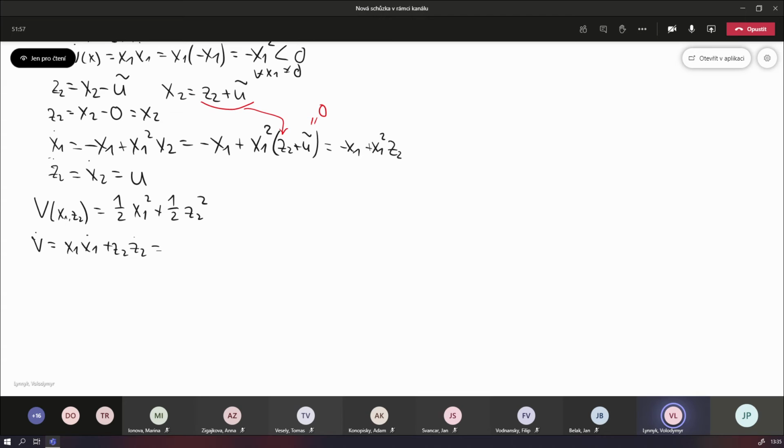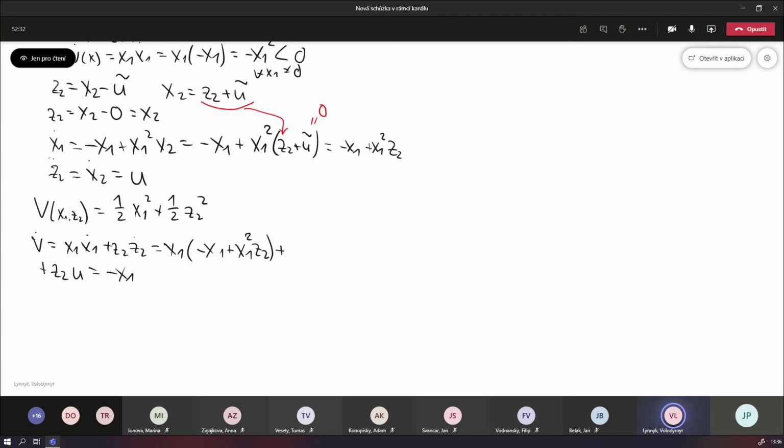Okay, and it's equal to x1 times minus x1 plus x1 squared z2, plus z2 times z2 dot, and z2 dot is u, only u. And it's equal to what?